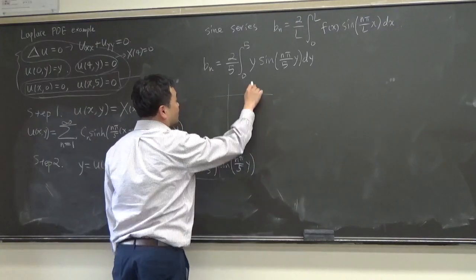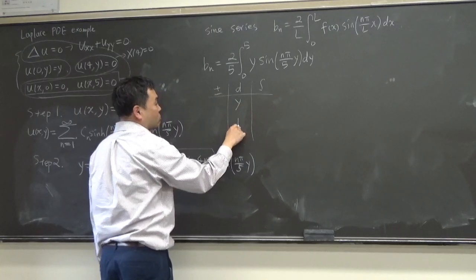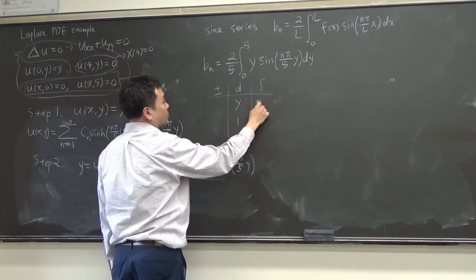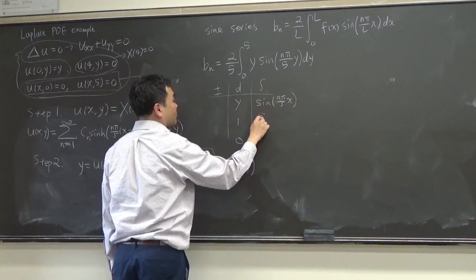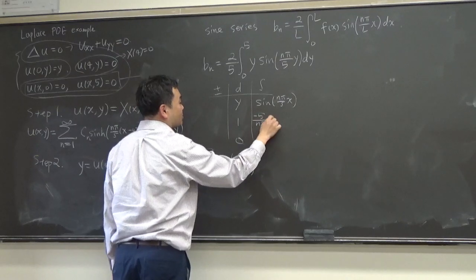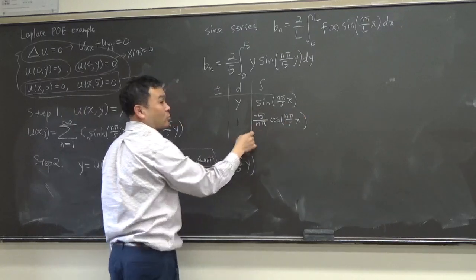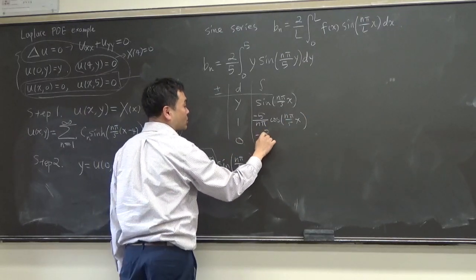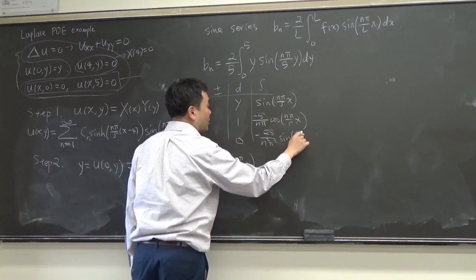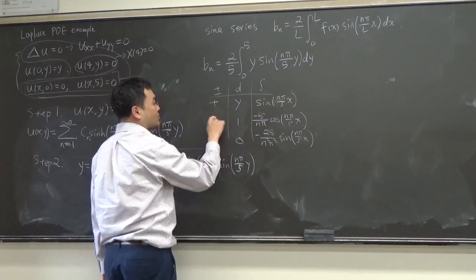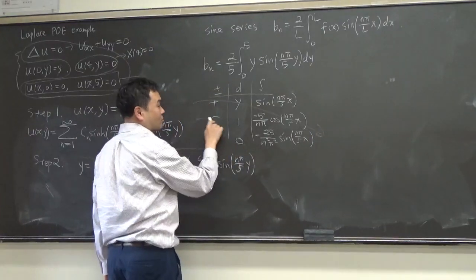And let's do tabular integration. y differentiates to 1, 1 differentiates to 0. I put sine(n pi over 5 x); integrating, I get 5 over n pi with a minus, cosine(n pi over 5 x). Integrate one more time, you get negative 25 over n squared pi squared sine(n pi over 5 x), with alternating signs minus, plus, and the result of the integral is this plus this, right?